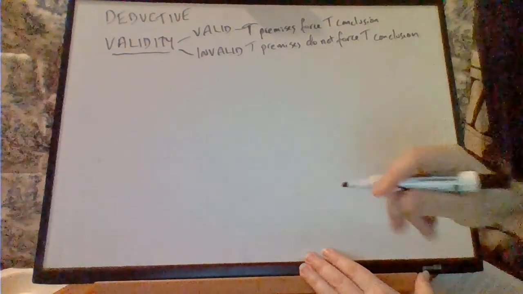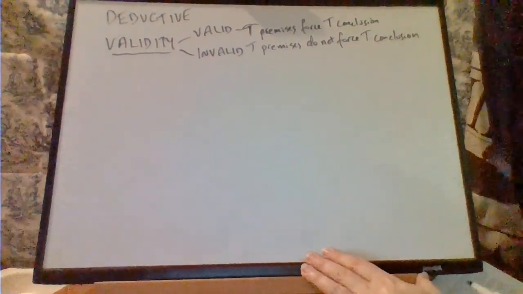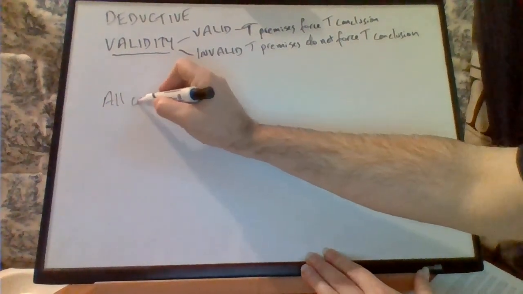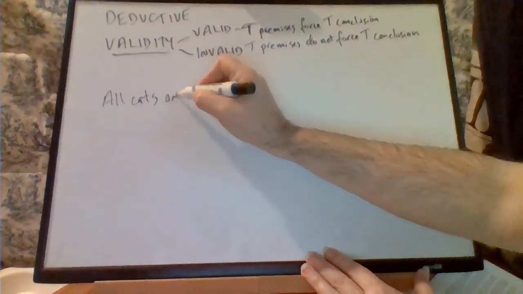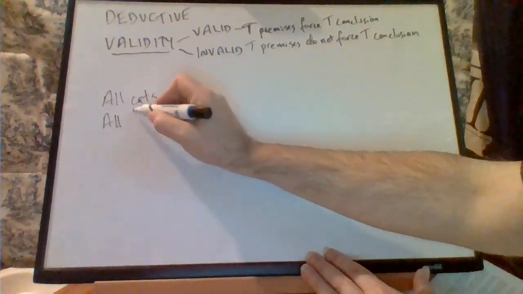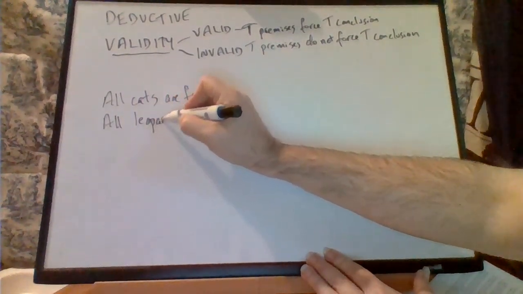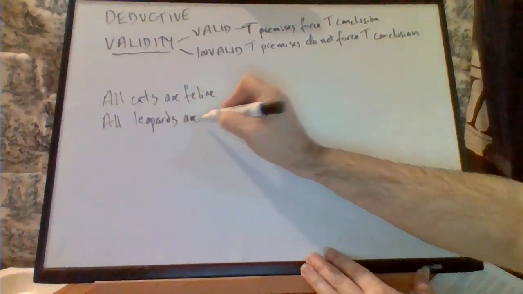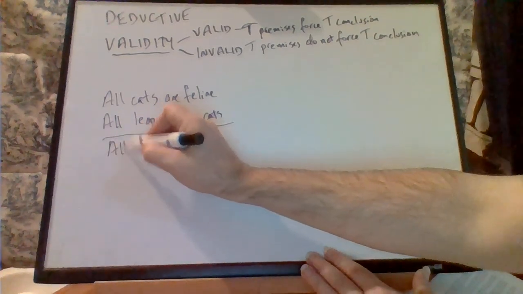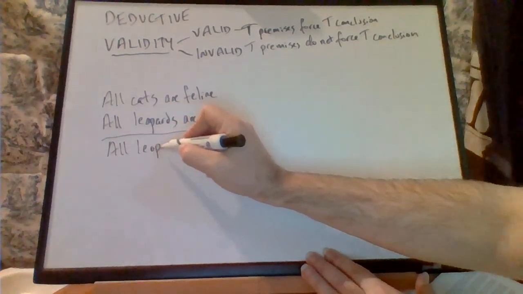Okay. So if we take an argument here: all cats are feline. All leopards are cats. Therefore, all leopards are feline.